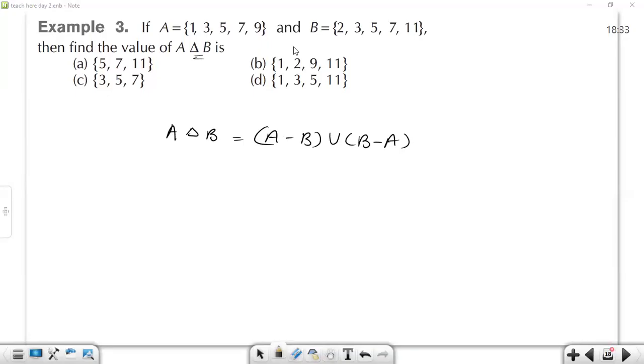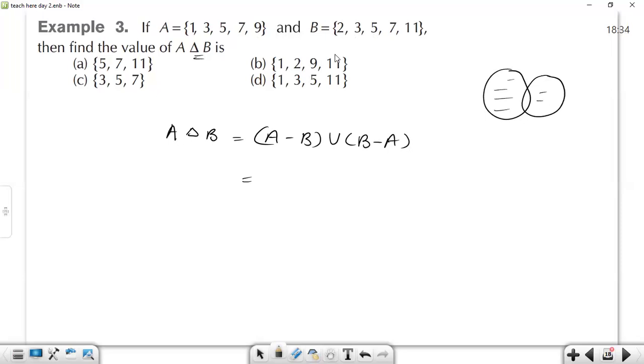Option B, sir. Option B. Okay. 1, 3, 5, 7, 9 and 1, 2, 3, 5, 7, 11. So basically what we are doing is excluding the common elements.